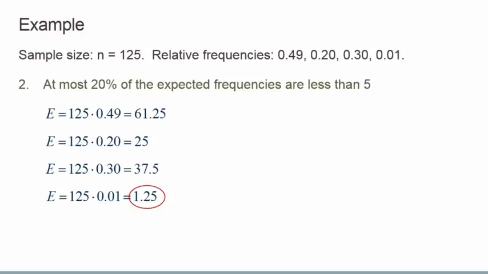I have 4 expected frequencies. One of them is less than 5, so that's 1 in 4, which is 0.25, or 25%, which is more than 20%. So no, at most 20% of the expected frequencies are not less than 5.